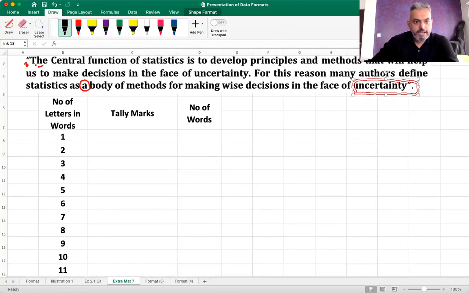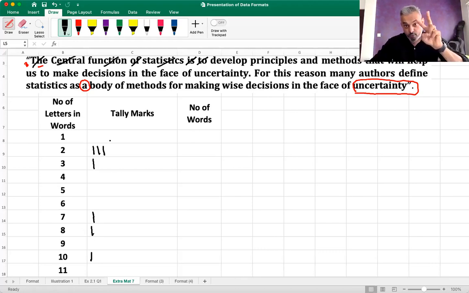First one is the. So 3. Then 1, 2, 3, 4, 5, 6, 7. Central. So again 7, have a tally mark. Cancel it. 1, 2, 3, 4, 5, 6, 7, 8. Function. So 8. Of. So 2. 1, 2, 3, 4, 5, 6, 7, 8, 9, 10. Statistics. So 10. Is, so 2. To, so 2.